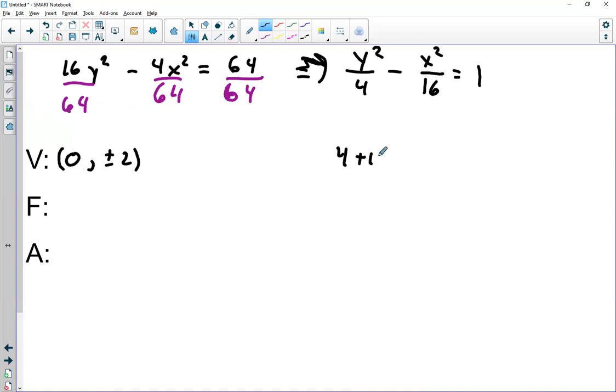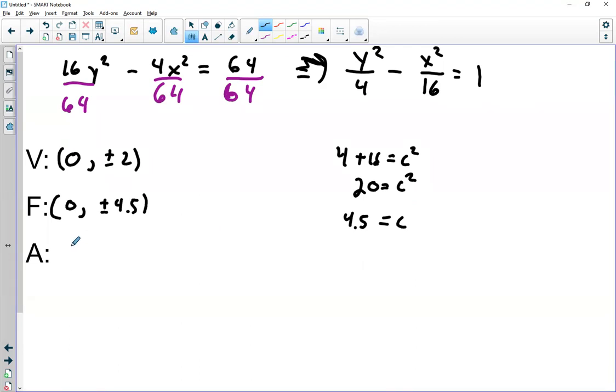So 4 plus 16 equals c squared. So that's going to be 20 equals c squared. The square root of that is a little bit beyond 4, between 4 and 5. So I'll say like 4.5-ish. Again, you can use your calculator to get the estimate. It might be 4.4 or something like that. So it's going to be 0, comma, plus or minus 4.5.